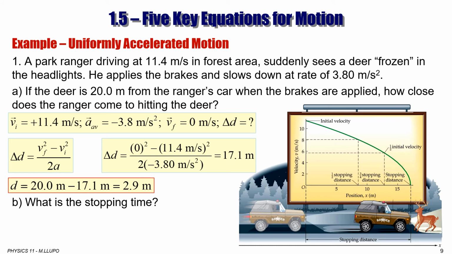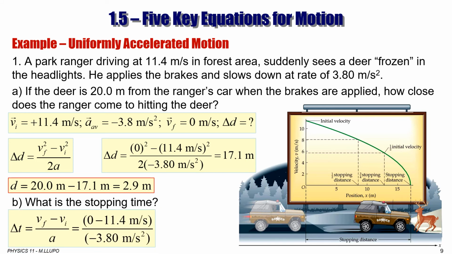Next, what is the stopping time? Time is not mentioned here anywhere. We can find it using the given data. So we can use one of the equations that we derived, equation number 2.